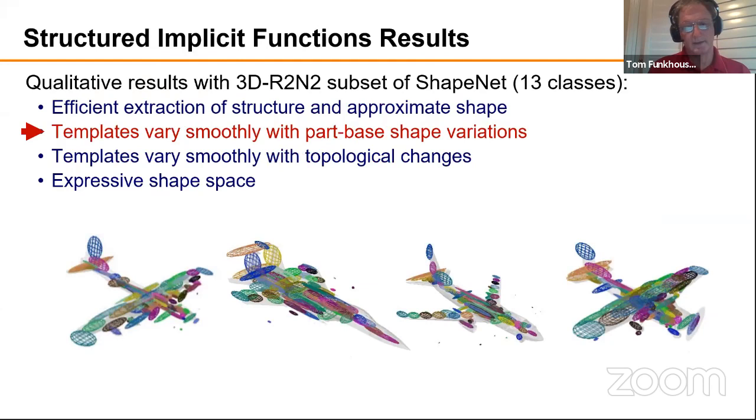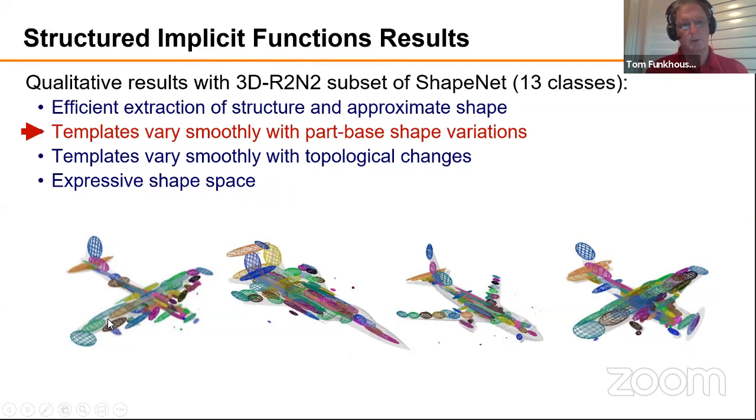It also is the case that there's a lot of consistency in the distribution of the Gaussians that you get. I'm going to call them Gaussian blobs across different examples within the same class or even across classes. If you were to look at, say, the tip of the wing, there's a teal colored Gaussian that's shared among all these different airplanes, even though the shapes of these airplanes are very, very different.